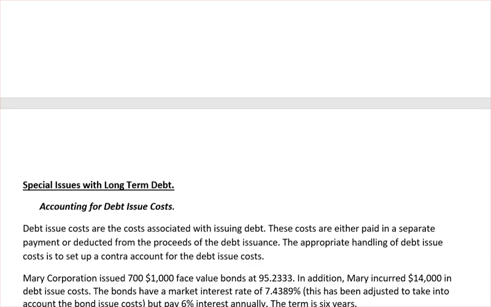So you, in effect, are going to change the interest rate to make it all work. And I'm never going to ask you to work through a problem like this. I just need for you to understand that when we have debt issue costs, they are in effect the same thing as a new discount or reducing any premium that you have.